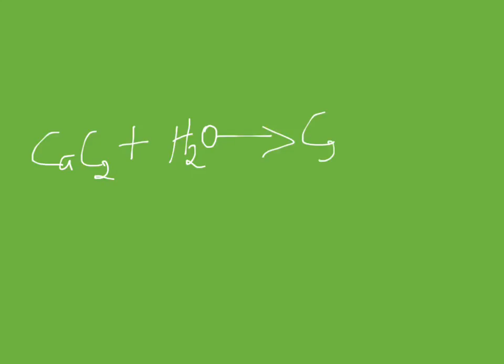When calcium dicarbide reacts with water, this is hydrolysis. It is going to give us our ethyne plus calcium hydroxide. That's how it gives us in the industry.